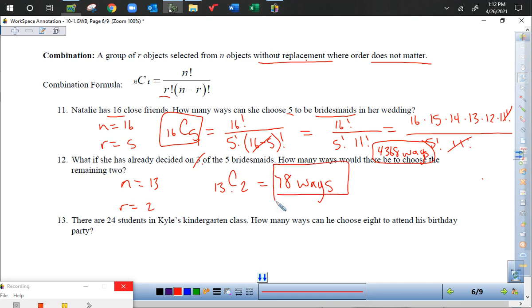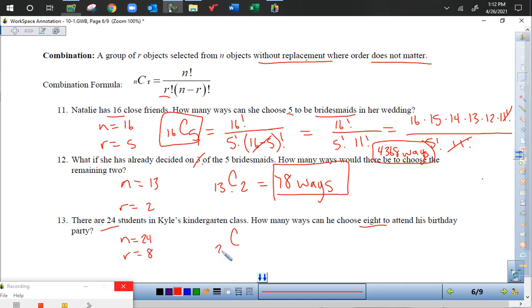Last one. There are 24 students in Kyle's kindergarten class. How many ways can he choose 8 to attend his birthday party? Once again, we've got 8 and we've got 24. No repeats, because the same person means just one person. It's a group of 8 people who don't have specific jobs, so it's a combination. We start with the N value, the total, the bigger number, 24, and we're choosing 8.